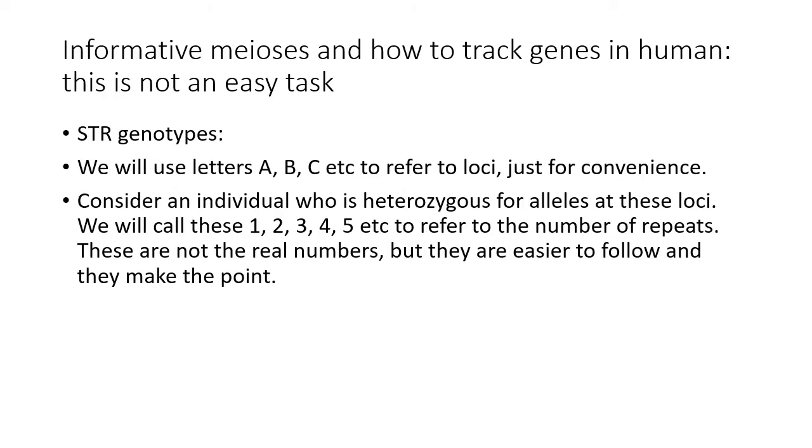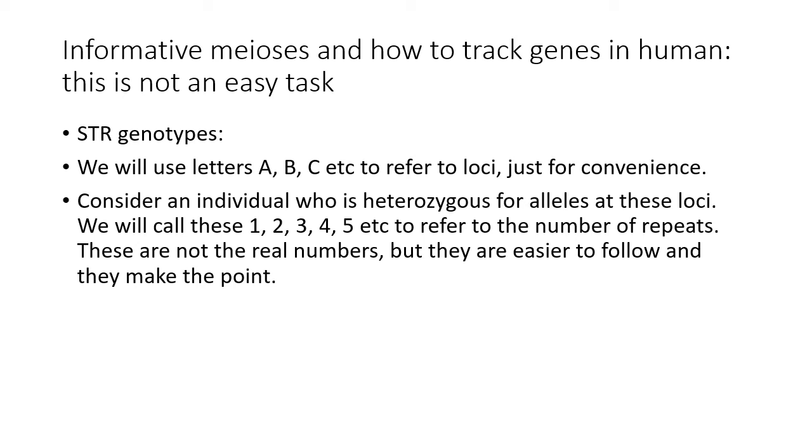Moving on to how you track genes in the human genome, I just want to illustrate some of the principles and some of the vocabulary today before we get caught up in exact pedigrees and actually trying to track genes and diseases in pedigrees. We're going to use abbreviated nomenclature to refer to these loci, because nomenclature like D1S something something something allele 10 is really awkward to follow in a cross.